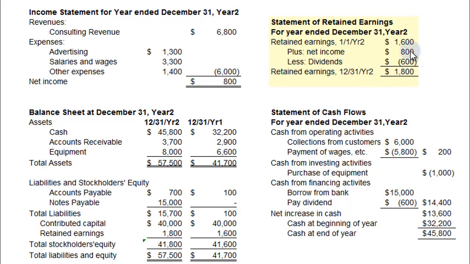So if you take retained earnings at the beginning of an accounting period and you add net income, which comes straight from the income statement, and you subtract dividends, the amount of the net income that got distributed to owners during the year, you will end up with the ending balance in retained earnings. So this little statement really is the glue to the financial statements. It really ties together the income statement and the balance sheet.